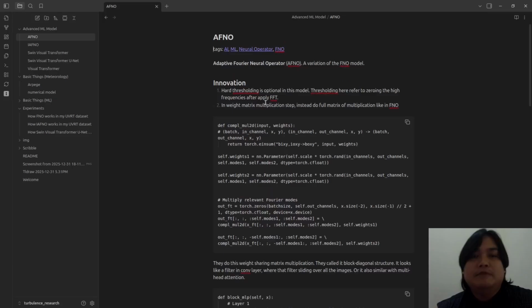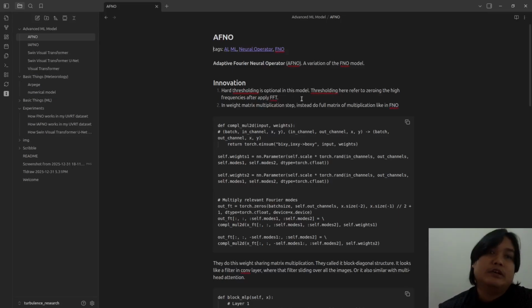First, we don't need to do hard thresholding in AFNO. In FNO, after we do the FFT, we usually do hard thresholding. For example, if our input image is 1000 times 1000 for the height and width, after the FFT the shape in the frequency spectrum will be 1000 times 500, because the last dimension is halved.